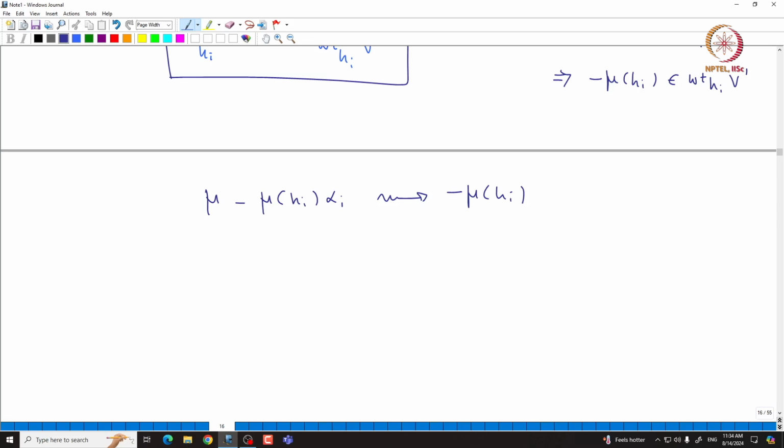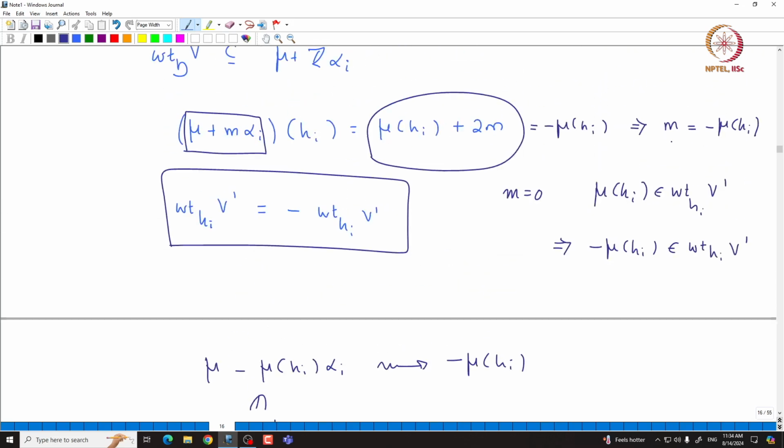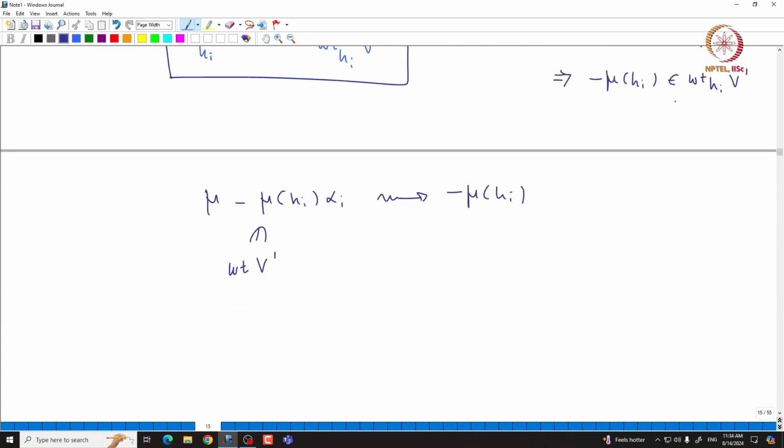Okay. So, that means this should be there inside the weight of V dash, because for all other values of m you will not achieve this; you will achieve it only for this value m equal to mu of HI. So, it must be there inside. That means this is there inside the weights of V lambda.